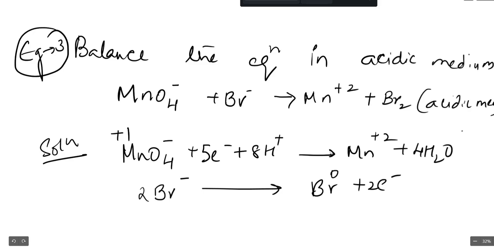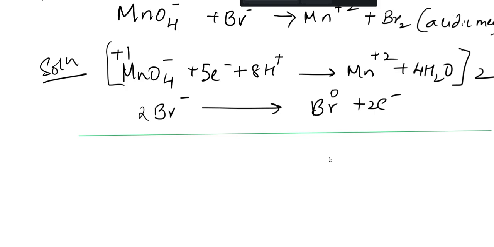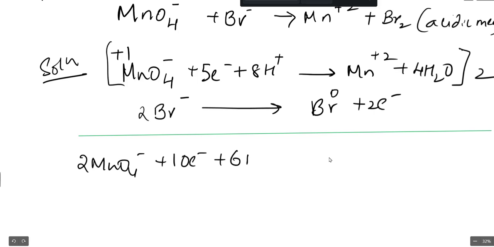Because this is 2 electrons, I'm multiplying the first one by 2. Let us write the whole thing. Here MnO4 is 2, isn't it? So 2 MnO4 minus. How many electrons? 10 electrons. How many protons? 16 protons.